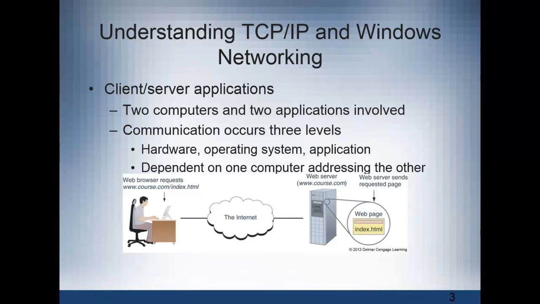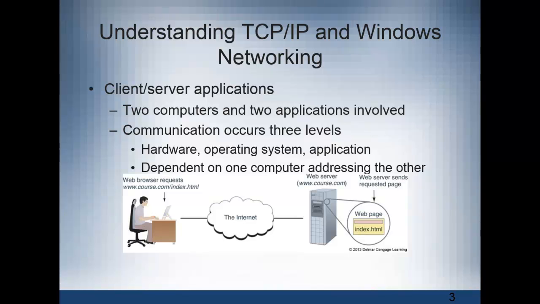You can get a look at that in this little diagram below, in which someone uses a web browser on their computer to request a web page from somewhere out in the old interweb through a web server. To handle this request, that client computer must first find the web server out there. The protocols for communication are then established, and then the request is made and answered by that server. Hardware, the operating system, and the applications on both computers are all involved in this communication process.